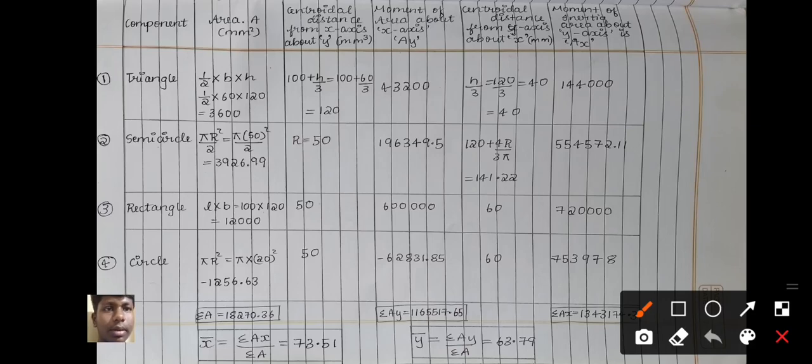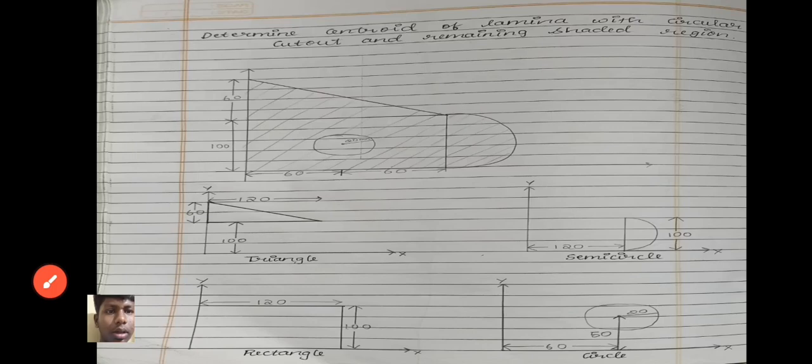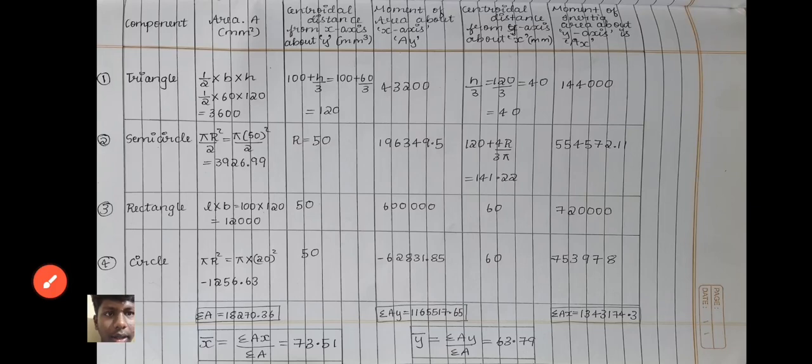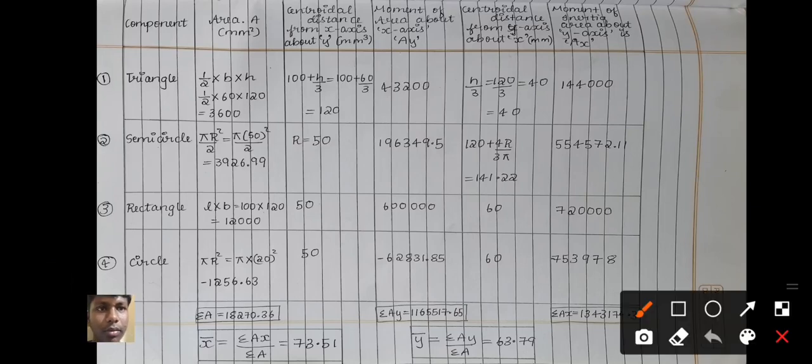Coming to the centroidal distance from the x-axis, which is the y value: from the x-axis the distance will be 100 and the centroid will be located here. So the distance will be 100 plus h by 3.